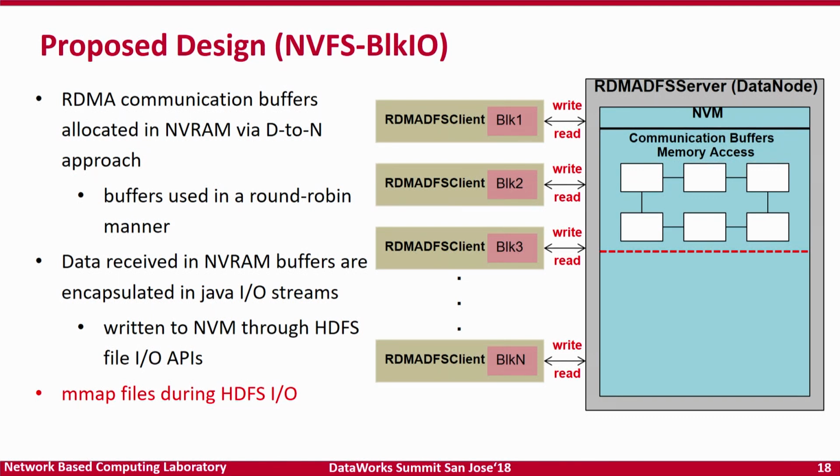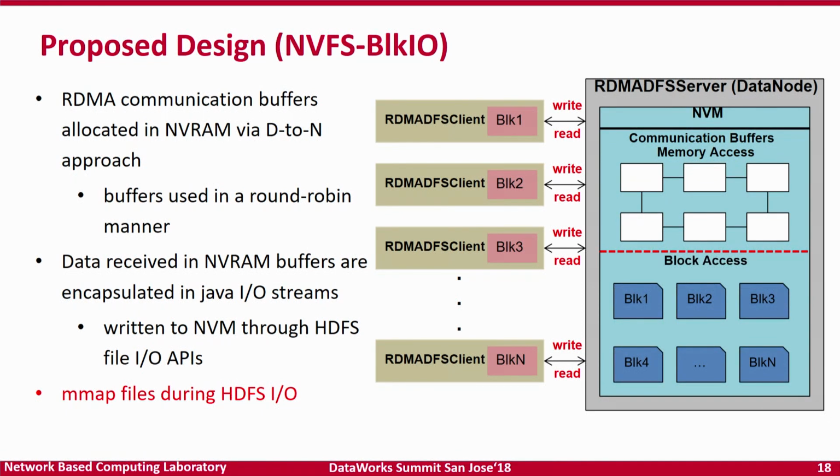These buffers are used in a round-robin manner, and data received in the NVRAM buffers is encapsulated in Java I/O streams and written to NVM through the I/O APIs. The data is written to NVM using the block API so that we can preserve the HDFS block format.